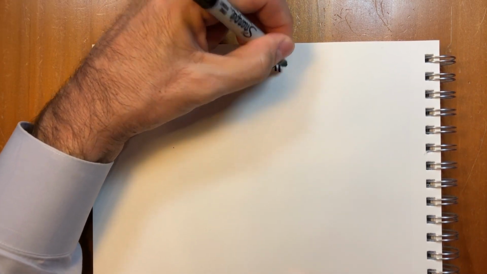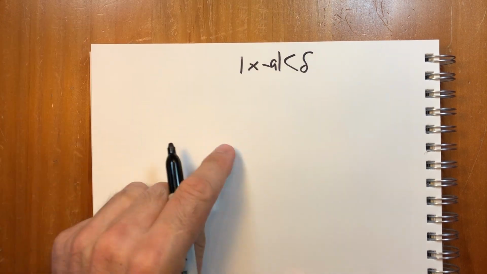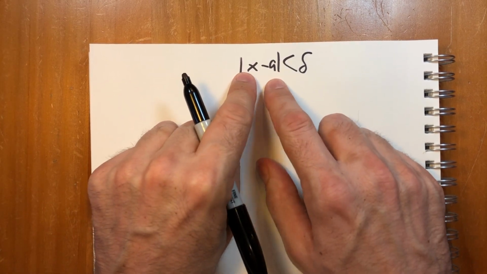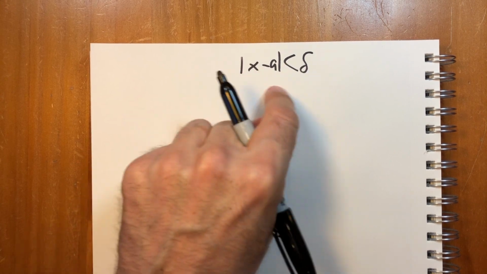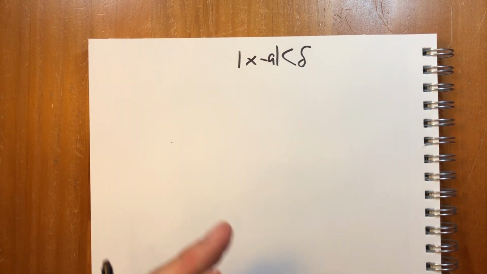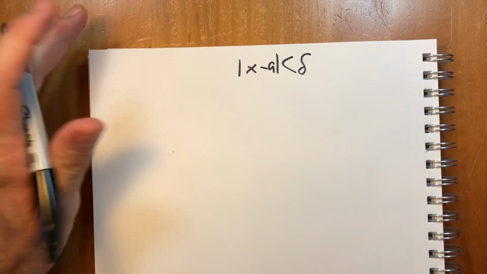So the definition can be reformulated in terms of intervals rather than distances. When we say that the absolute value of x minus a is less than delta, we're saying that the distance between x and a is less than delta. We can manipulate this a little bit and look at it in terms of intervals instead.